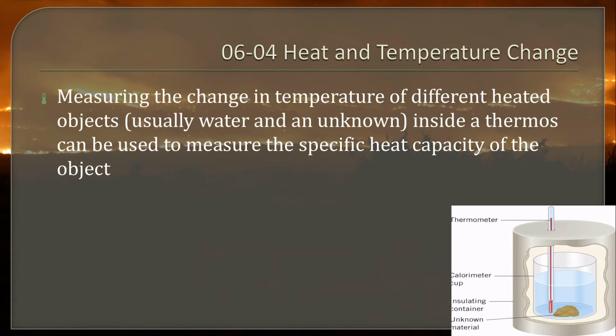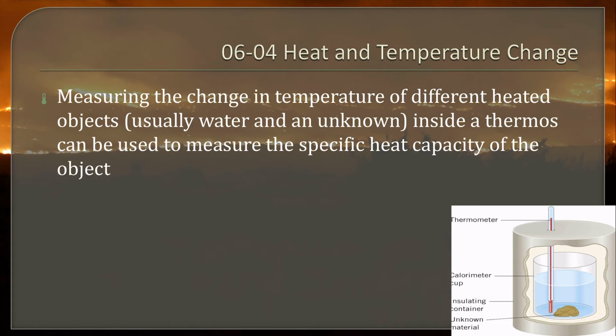Measuring the change in temperature of different heated objects, usually water, inside a thermos can be used to measure the specific heat capacity of an unknown object. So we have, it's actually 2 cups, a cup inside another cup, an insulated cup, and you have water at a known temperature, and you plop in the unknown object.